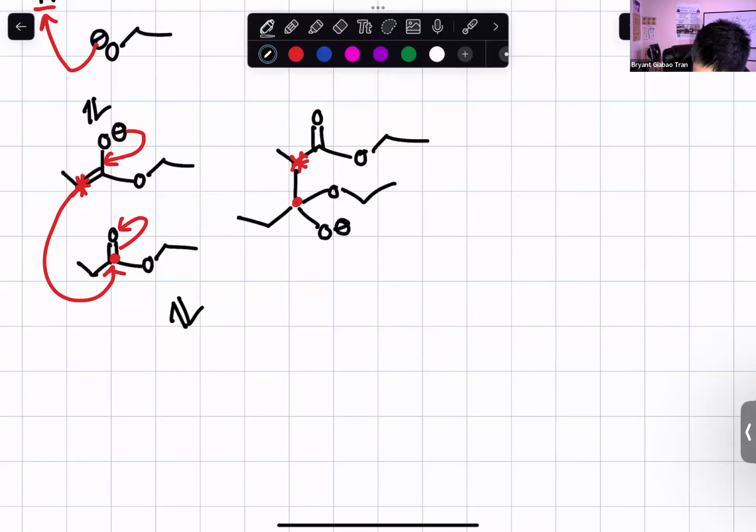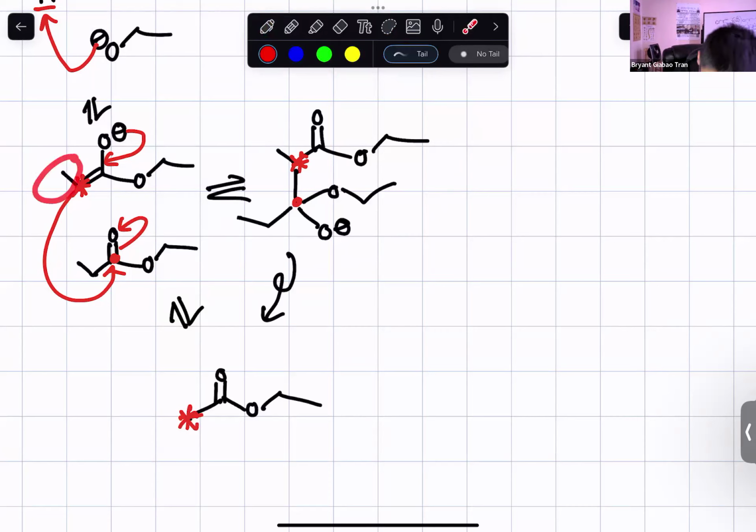But the way that I do it is that I draw out, let's say this is the star right here. We see that that star is attached to this methyl group right here on the left. Instead of drawing that to the left like we did over here, I'm gonna push that methyl group going down like this, because this single bond can do free rotation.